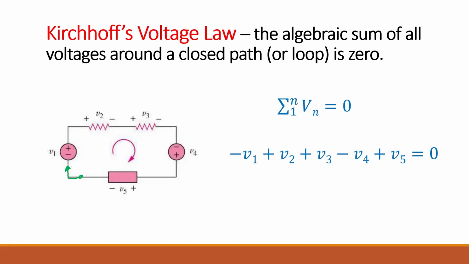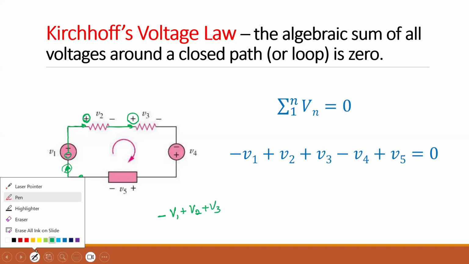The easiest way to do that is to look at whether the current is entering the negative side or the positive side. This current is entering the negative side of the voltage source, so we have a negative V1. And a resistor is always consuming, which means current is going to the positive side. When the current is going to the positive side, you add it. So V2, and then V3 also adding.